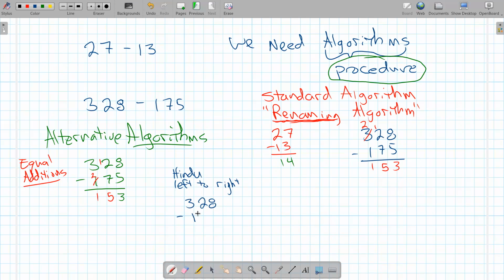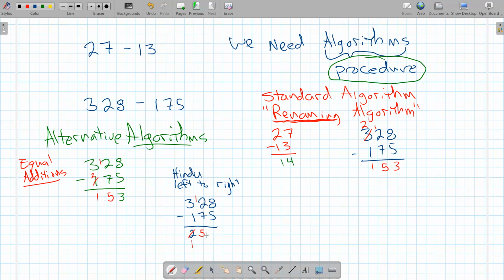328 minus 175. So we just start on this side here. 300 minus 100 is 200. We just put the 2 down there in the right place value, right? In that column, that is 2 hundreds. Now, I want to take 20 minus 70, but I can't, so I borrow from below. 12 minus 7, or 120 minus 70 is 50.